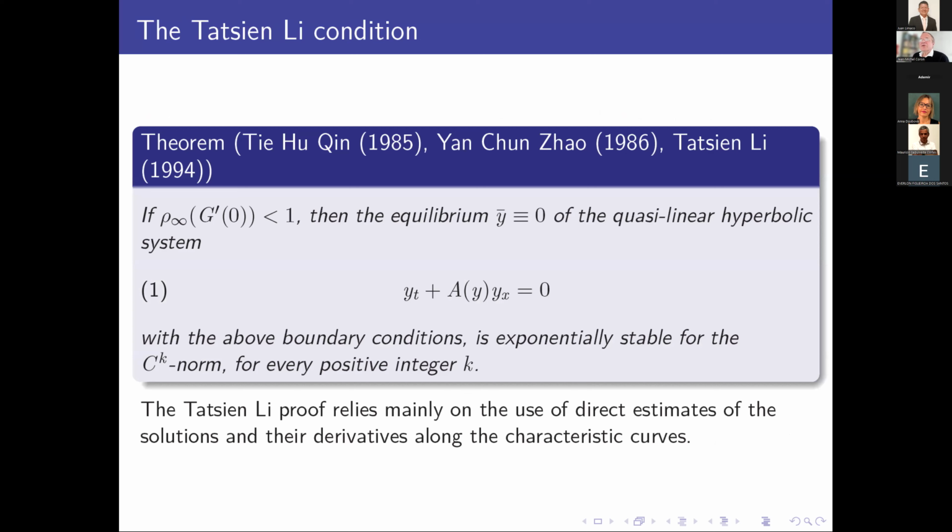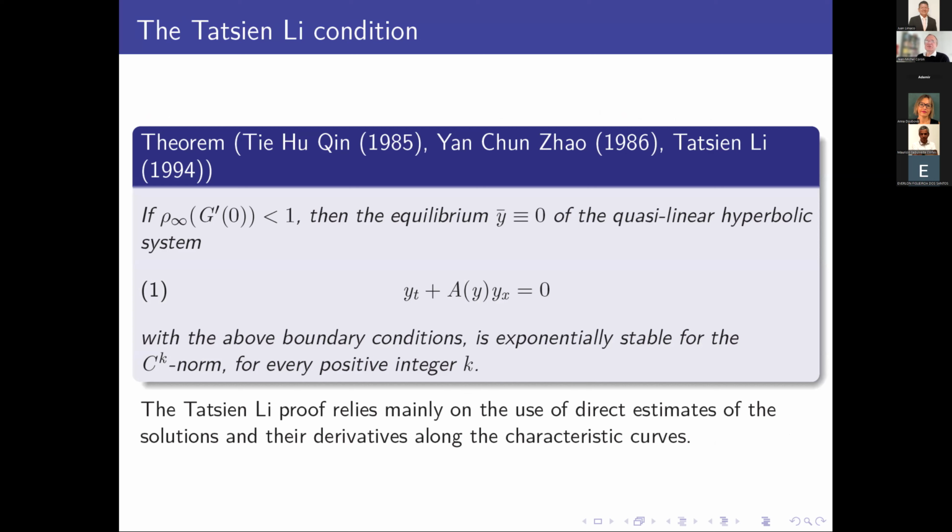And then there is this very nice result due to the Chinese school, in particular Professor Li Tatsien in 1994. They prove that if rho infinity of g prime of 0 is less than 1, then you have exponential stability for the nonlinear system.